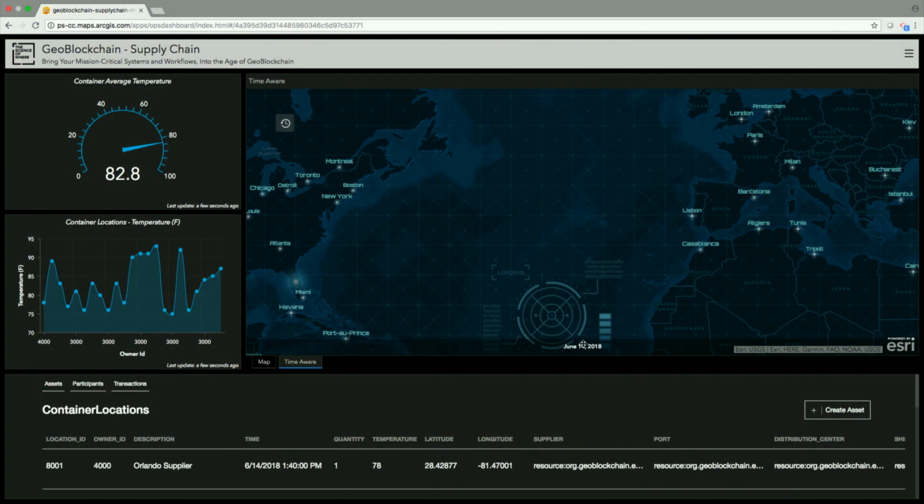Okay, so let's take a look at what spatially enabling blockchain looks like. So what you're seeing here is a sample application that Konstantinos put together. And we're showing a shipment that's going from point A to point B. Could be from your manufacturing facility out to a distribution facility. And as we look at this, what we see is each of these transactions happening.